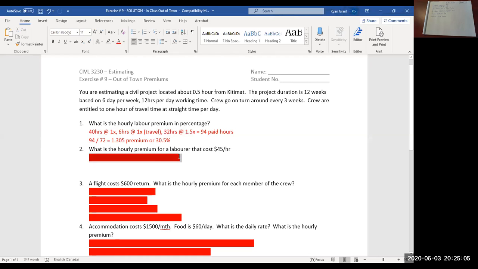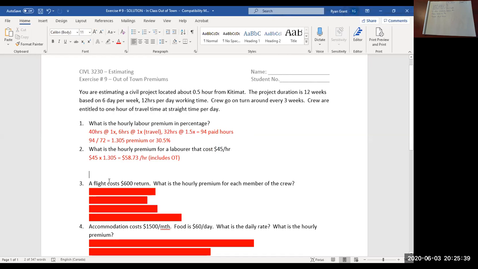Simply the 45 an hour times the premium rate that we calculated, so times 1.305 equals $58.73 per hour. So that includes the overtime cost.